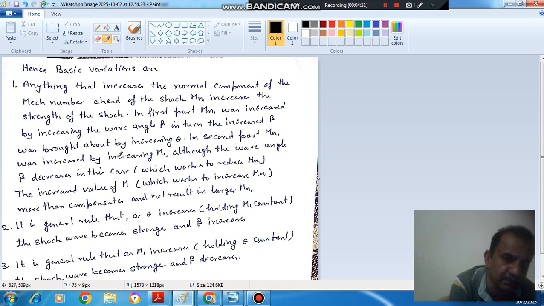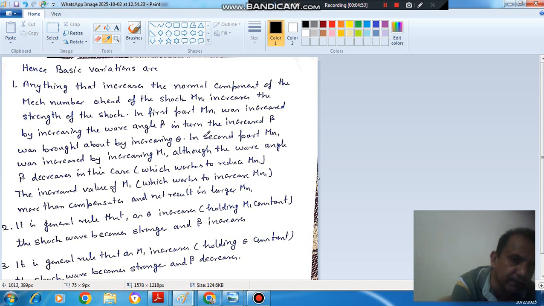So in the second part, Mn1 was increased by increasing M1, although the wave angle beta decreases, which works to reduce Mn1. The increased value of M1 more than compensates, has the prominent effect, and nets a greater Mn1.